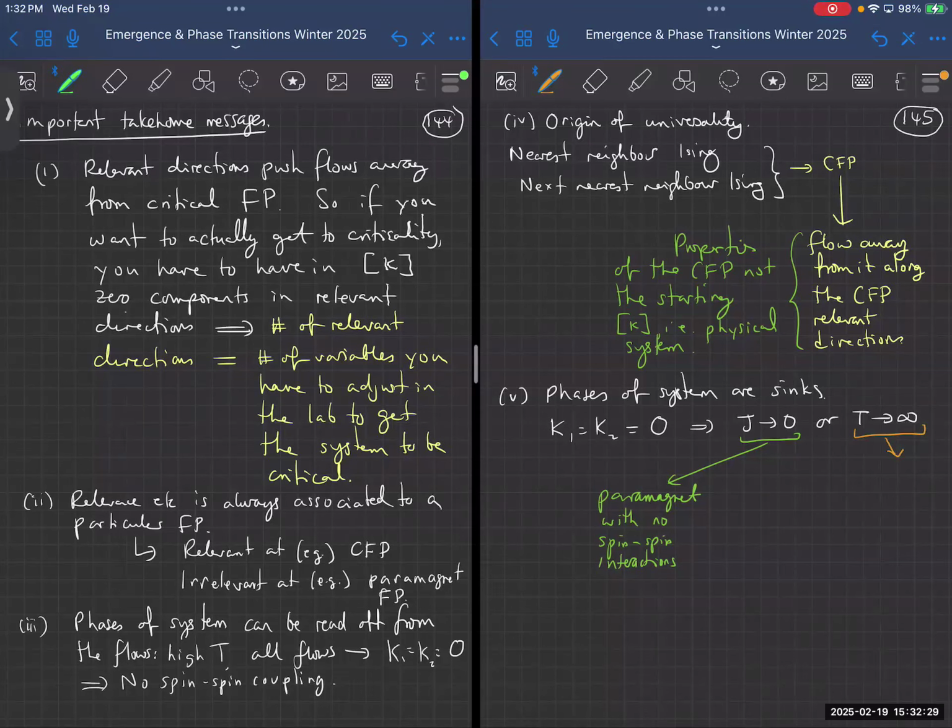If I think of this as T goes to infinity, then I can think of this as a system where the entropic fluctuations are more important than energetics.